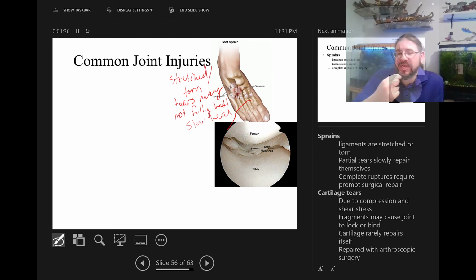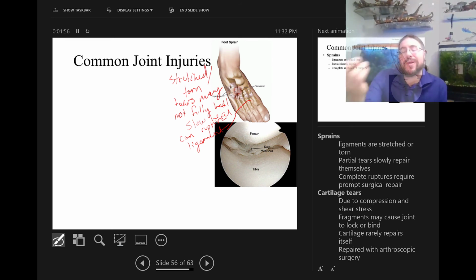Sprains can reach a level of total rupture. In that case, the ligament has become fully ruptured, and essentially the ligament is torn away from the joint.